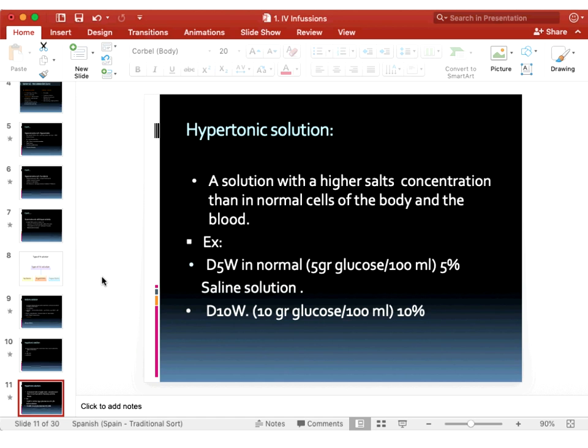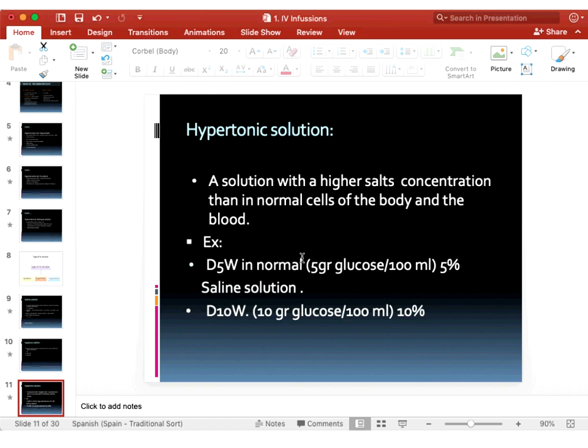And then we have the hypertonic solutions, which are solutions with a high value of solutes, such as the mixed solutions. That means dextrose at 10%.